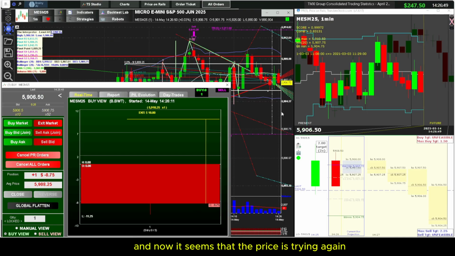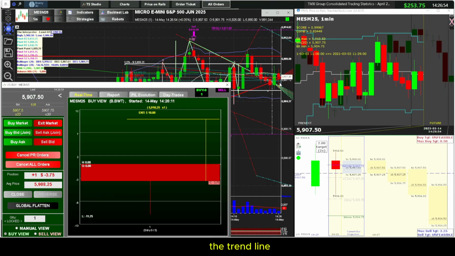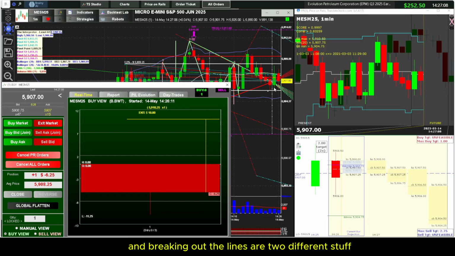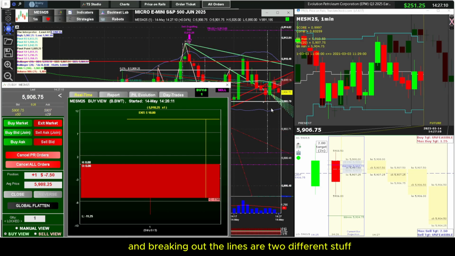And now it seems that the price is testing the trend line again, but a breakout should be a close, a strong signal. Testing the lines and breaking out of the lines are two different things.